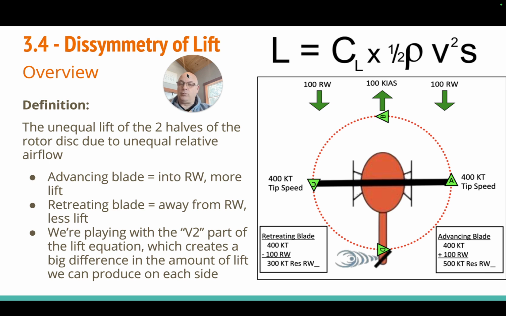It's 400 plus 100 on the right side equals 500, while it is 400 minus 100 on the left side. And that becomes critically important, right? Just by the numbers alone, you understand that the advancing blade is going to generate more lift than the other side. And if that happens, obviously we cannot maintain stable flight and we'll be in a constant turn or dipping. So the aircraft has to overcome that.